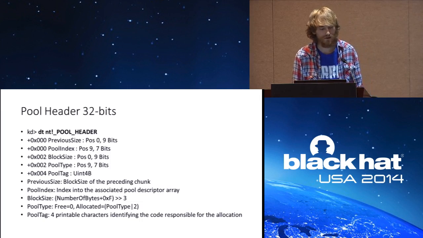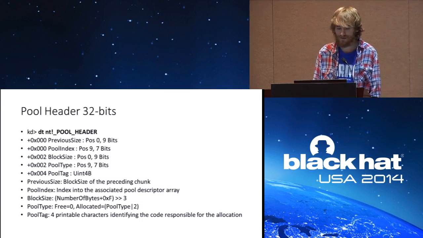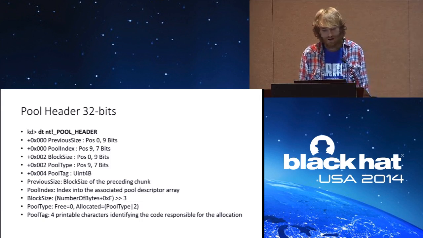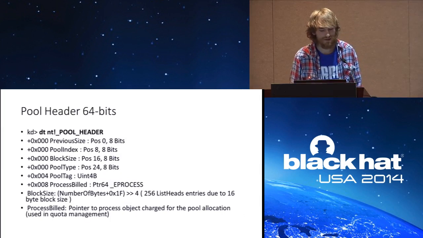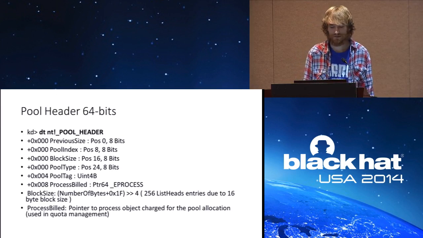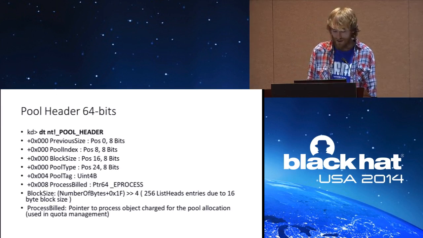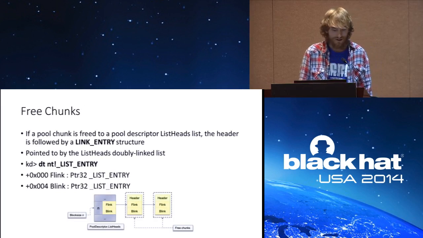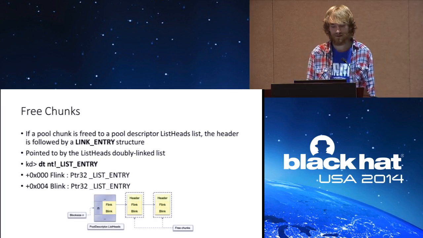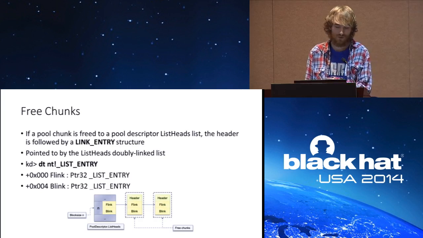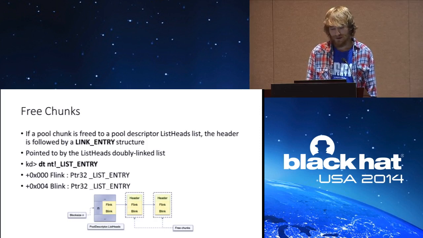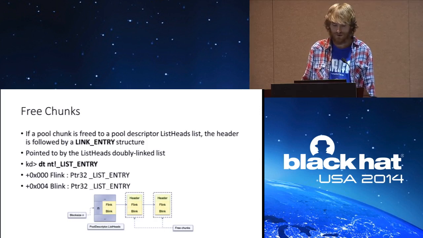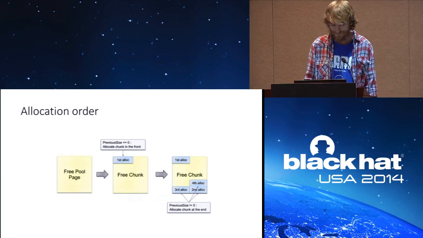It contains several fields like previous size, pool index, block size, pool type, pool tag, and on 64 bits it differs a little bit because it contains a pointer to the EPROCESS structure. If the chunk is freed, after the pool header there is a list. There are 2 pointers. Basically, it's a list entry structure, a pointer to the forward chunk and to the previous free chunk.